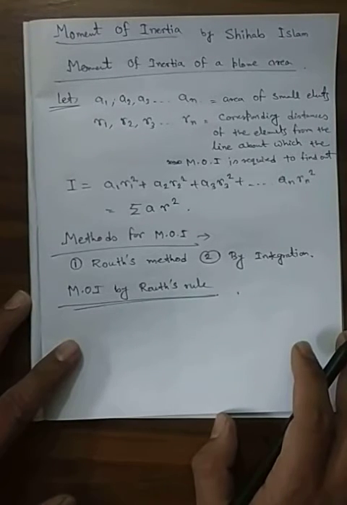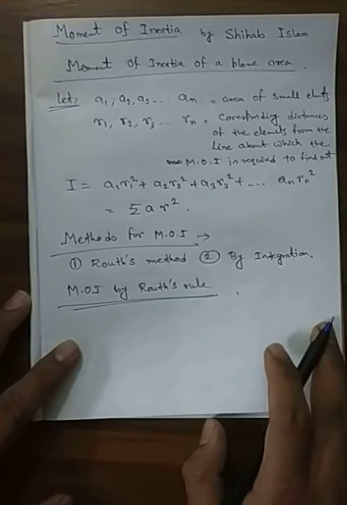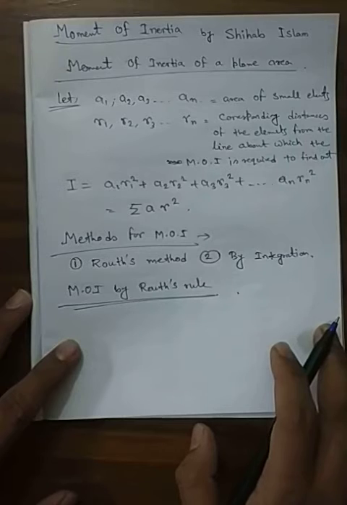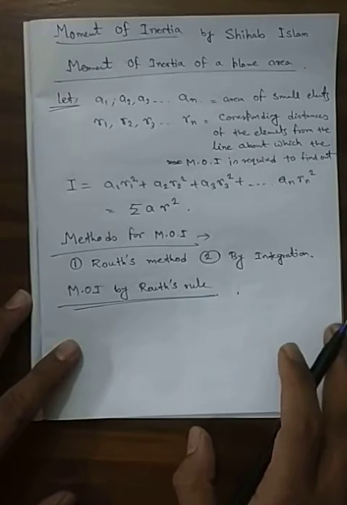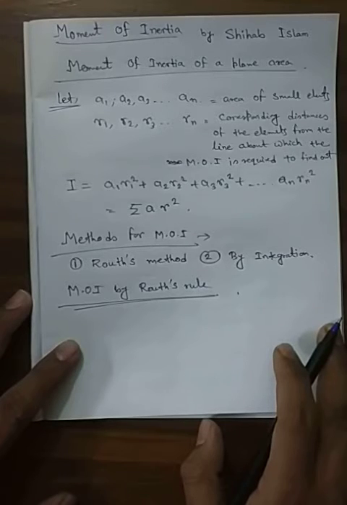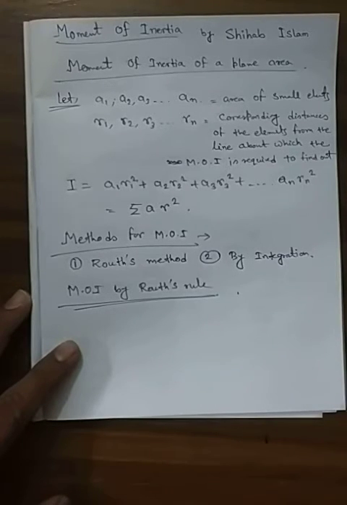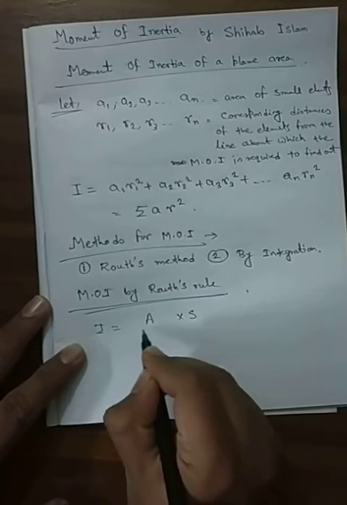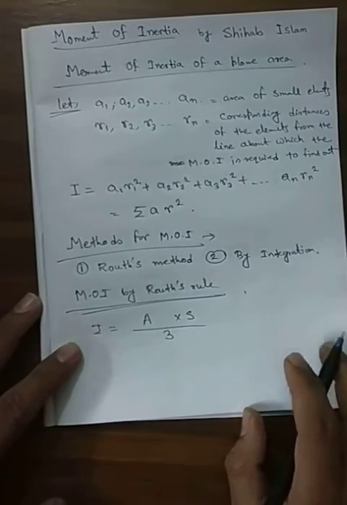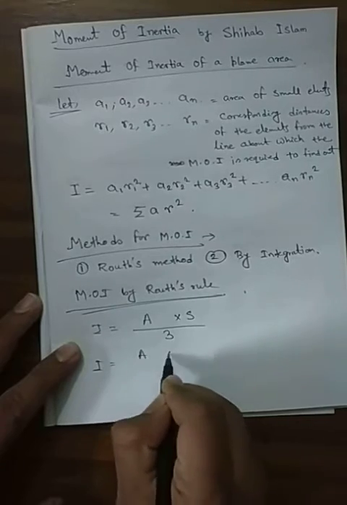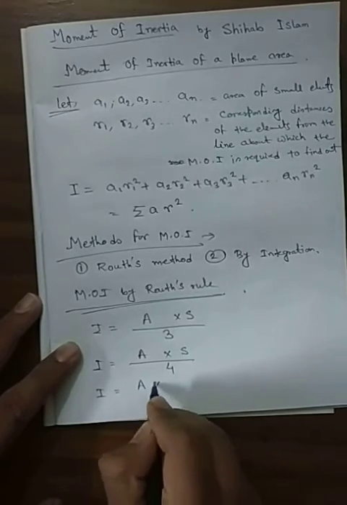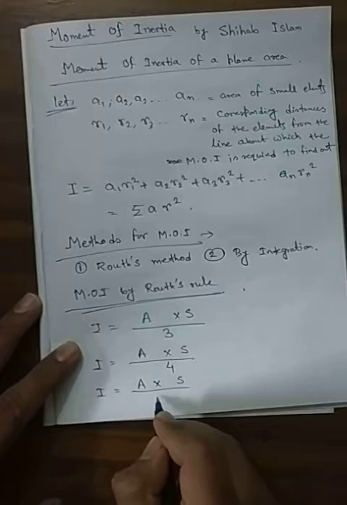So what does Routh's rule say? Routh's rule states that if a body is symmetrical about three mutually perpendicular axes, which are our x-axis, y-axis and z-axis, then the moment of inertia about any one axis passing through the center of gravity is given by I is equal to A into S divided by 3, I is equal to A into S divided by 4, and I is equal to A into S divided by 5.